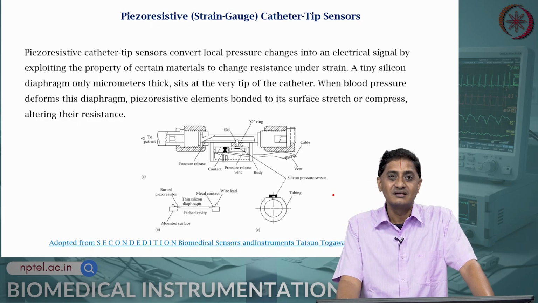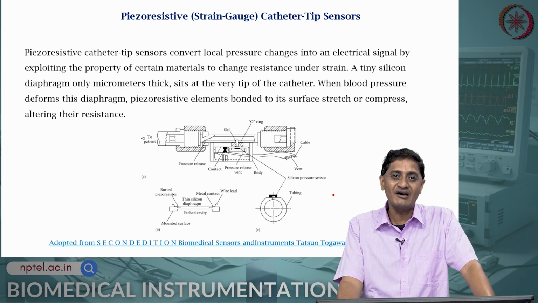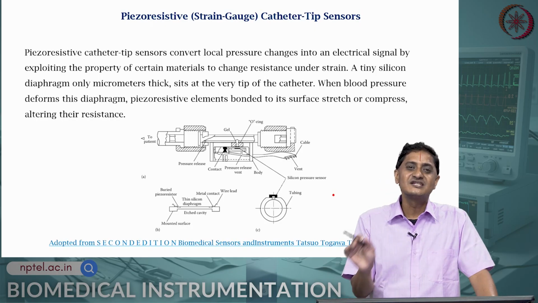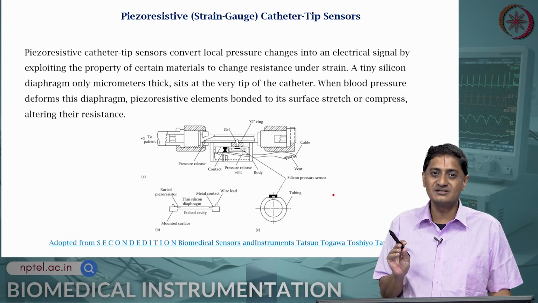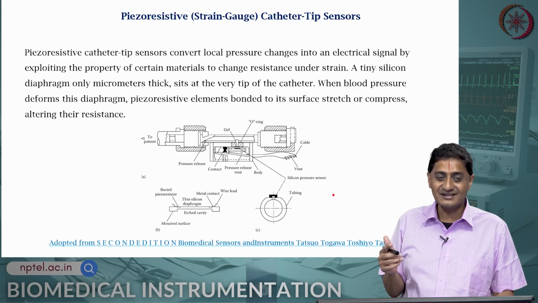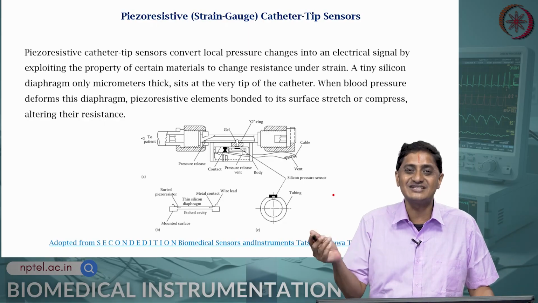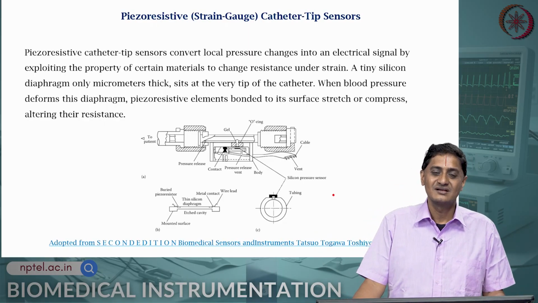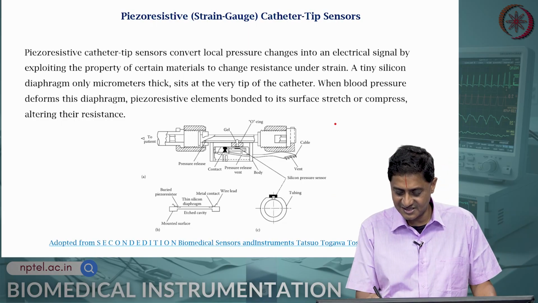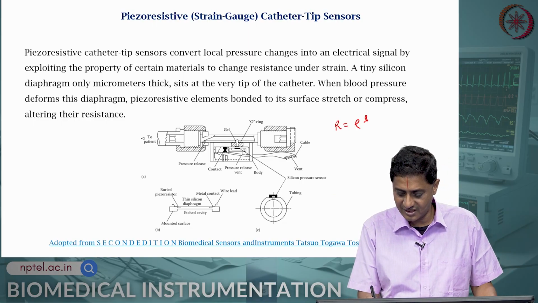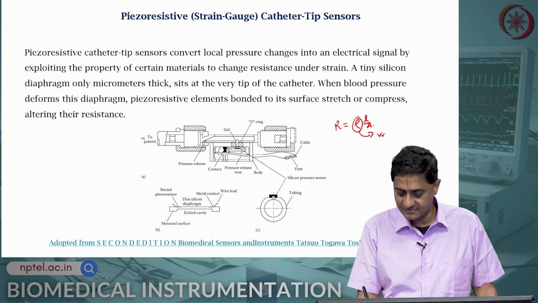However, in this case we are looking at semiconductors which have specialized doping characteristics, that have been doped in a special manner such that their resistivity changes. If you recall, the resistance R is rho times L by A. This rho is resistivity.